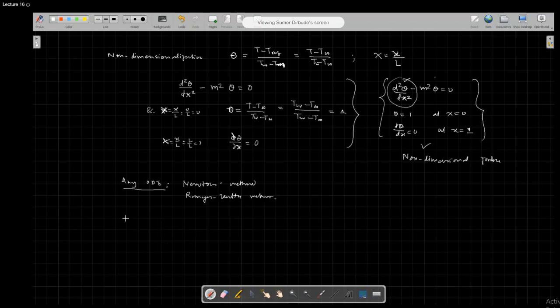But we are interested in applying the finite difference method.